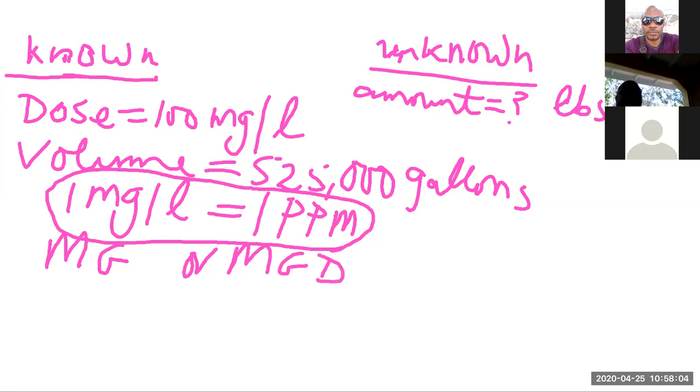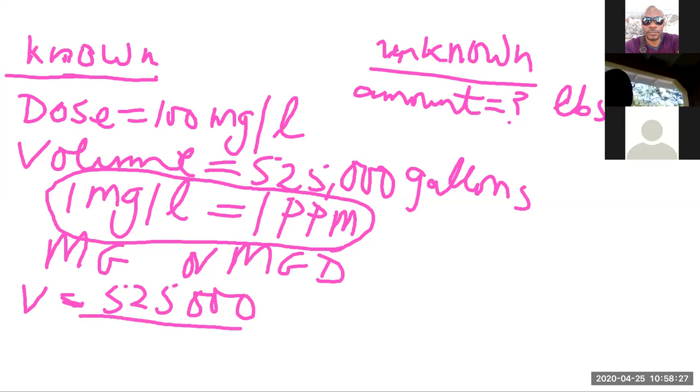So if I see a volume here equal to 525,000 gallons, I know my volume, I could change that one time to 525,000 gallons divided by a million. And what is a million in scientific notation? In scientific notation, 1 by 10 to the 6. All right, that's 1 and how many noughts?